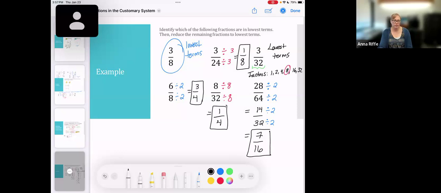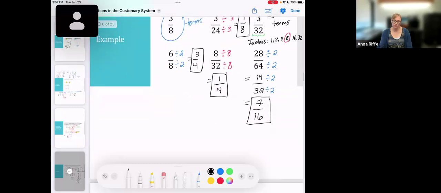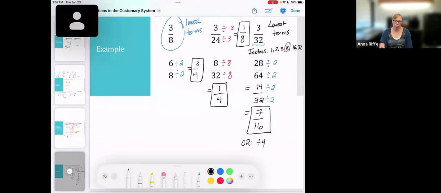So we are done. That is fully reduced. Another way we could have done this is we could have divided by 4. And that would have done it all in one step, but we would have gotten to the same fraction in the end. So do whatever makes the most sense to you.